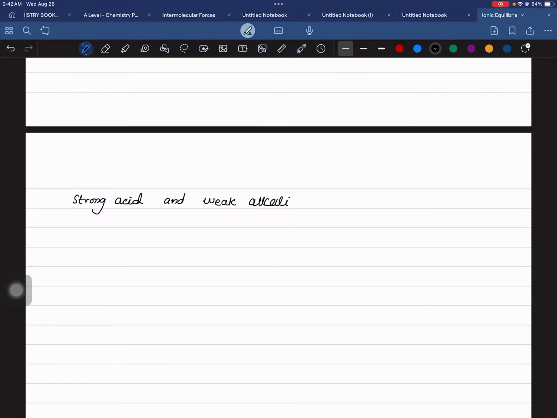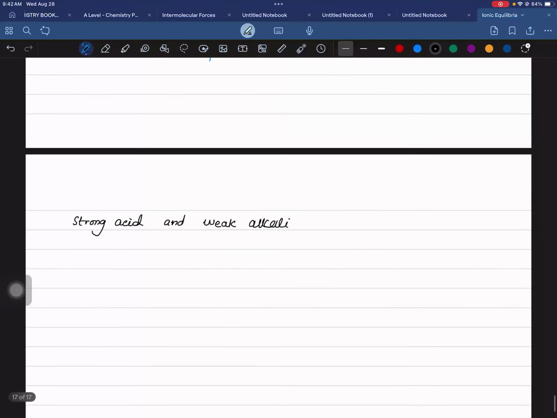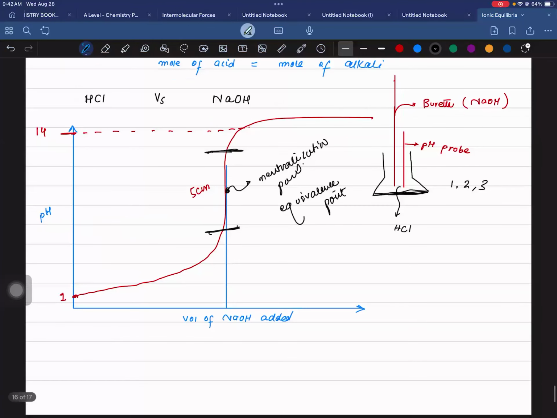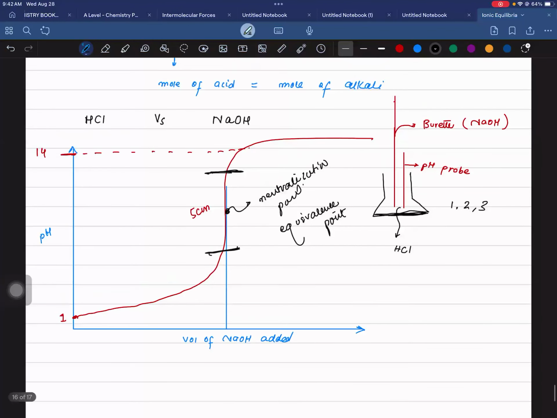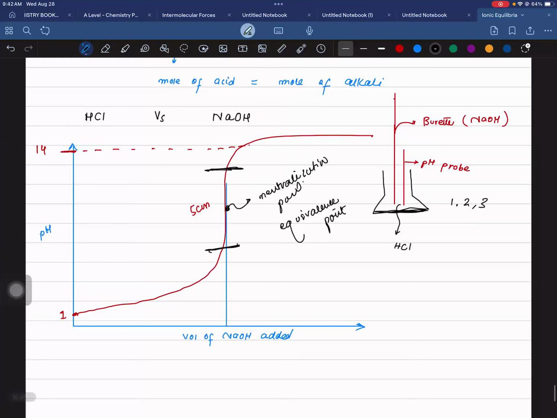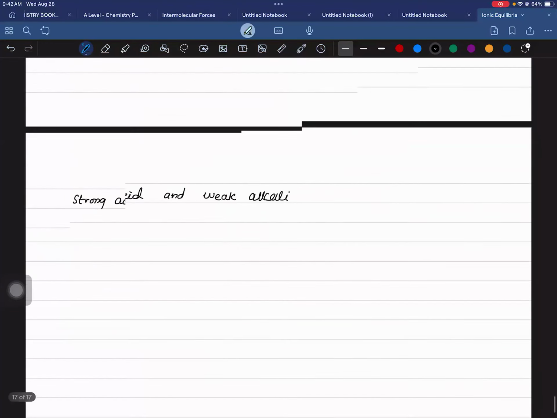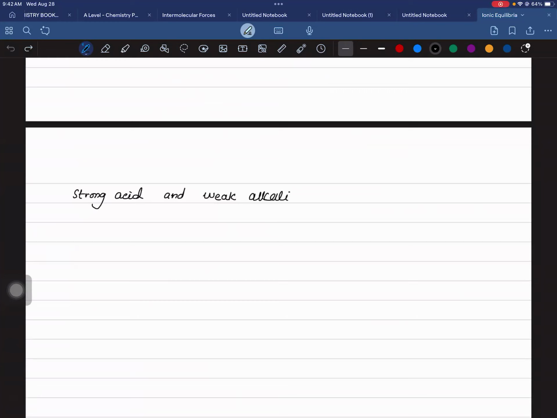Have you done? Just look at this graph. Look at this curve. With the help of this curve, you're supposed to draw strong acid versus weak alkali.